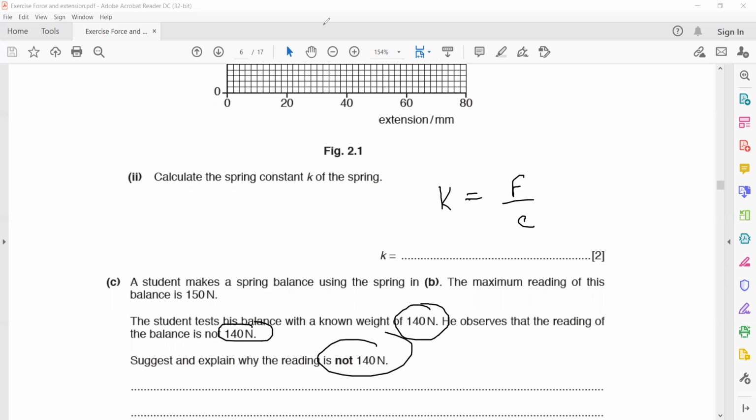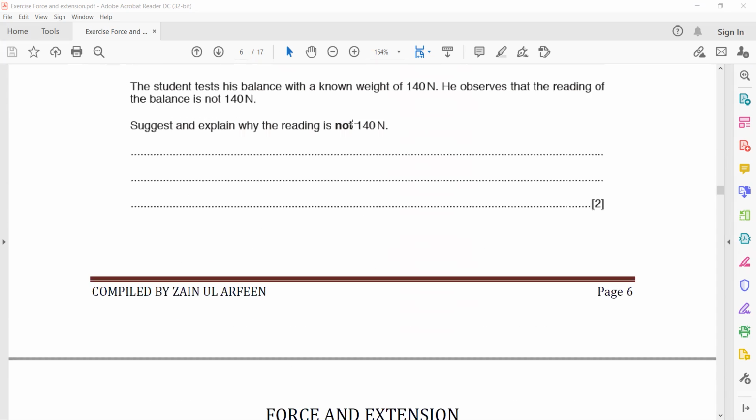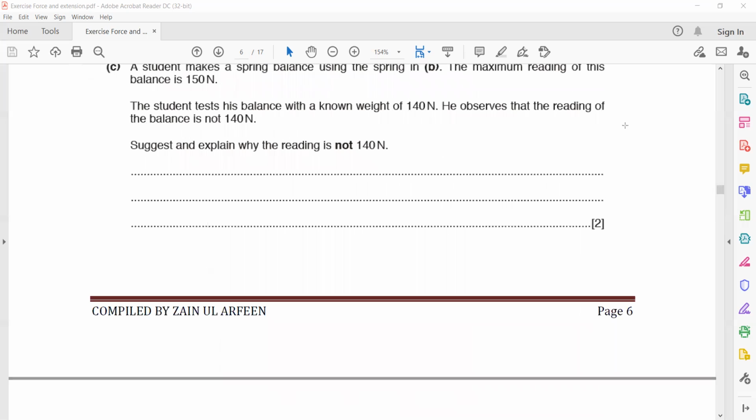What they mean here, the student makes a spring balance. Spring balance means a balance which is having a spring. So he used a spring balance and his spring balance can read a maximum of 150. But when he attaches a load of 140, he found that it is not showing correctly.